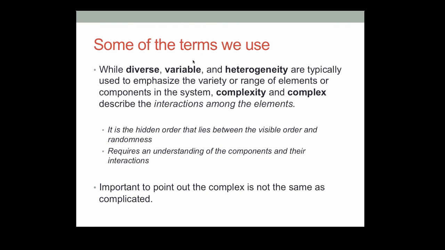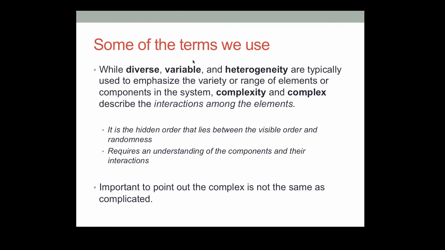And this is the point that I really want to drive home with this short lecture: we have ways to describe the variety or range of elements, but when we think about complexity, or if we try to describe how complex the system is, we really want to get at those interactions. Okay, and there are some assumptions that we would bring to the table here when we think about complexity.